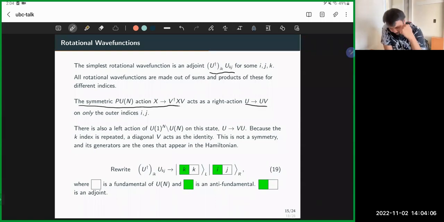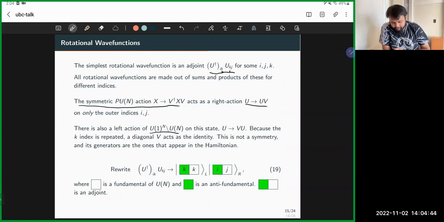Similarly, there's a left action, where U goes to VU. This acts on k. And actually the group that acts from the left is U(N) left quotiented with U(1) to the N. The reason it's quotiented with U(1) to the N is that U(1) to the N is the set of diagonal unitaries, and if you act with a diagonal unitary, because the k indices are repeated, it's just phases that cancel.